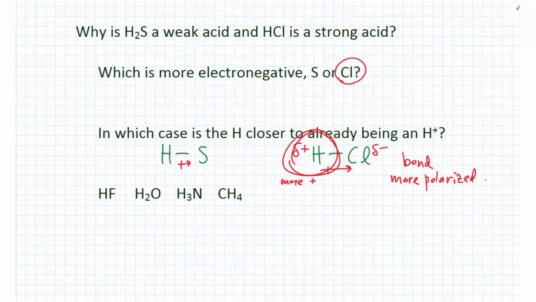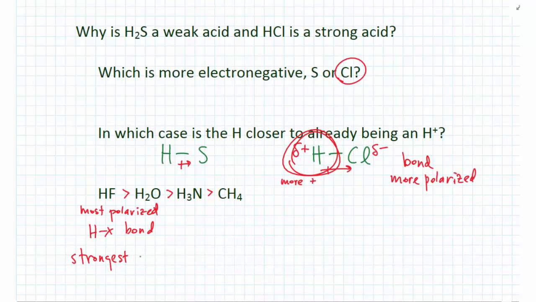Now it's electronegativity. So this is the row above it. HF, H2O, NH3, CH4. Which of those would be the strongest acid? Which of those has an H that's the most ready to leave? Most polarized bond, the HF bond, makes for the strongest acid, which is still a weak acid. It's the strongest of these.